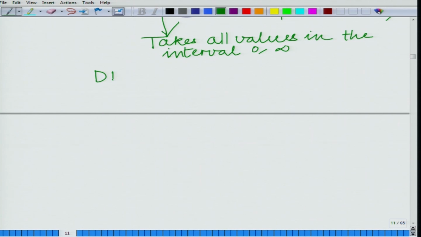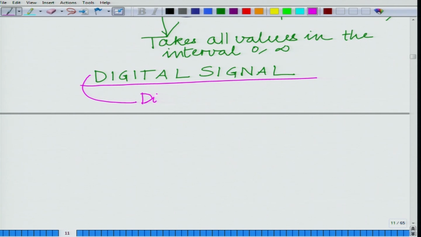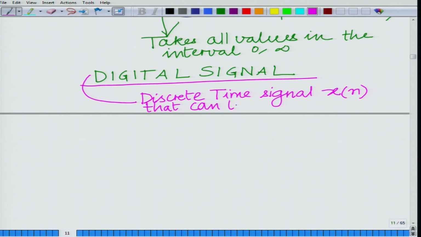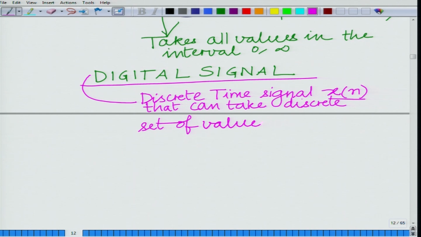So a digital signal, this is a discrete time signal x(n) that can take only a discrete set of values, or basically the possible values it can take are finite.